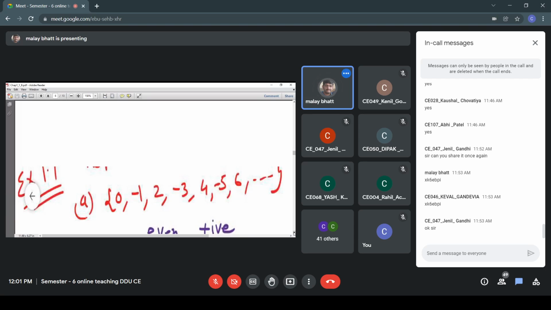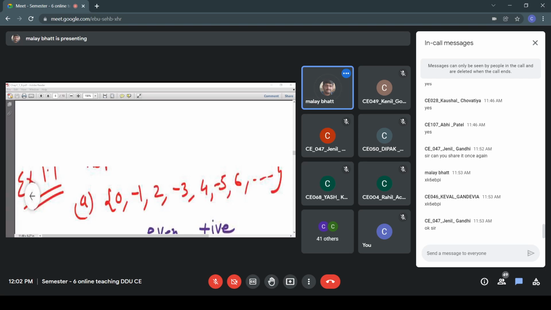Exercise 1.1. We have to represent this set. Here the set is given in the form of elements. Instead of writing the elements of the set, we have to express this set in the form of some equation. Right? Instead of specifying all the elements of the infinite set, we have to specify it in the form of an equation.